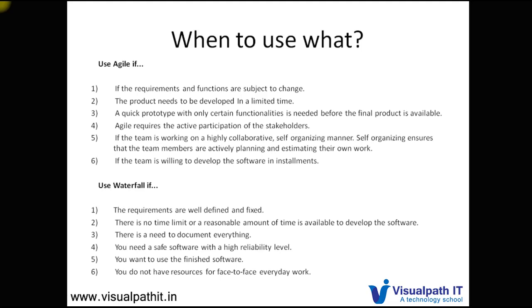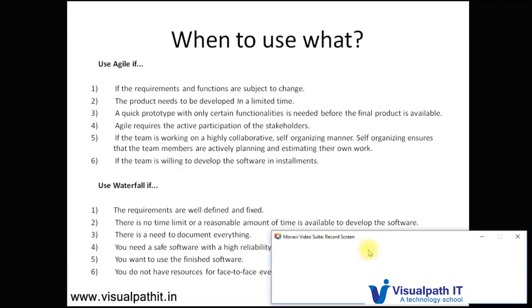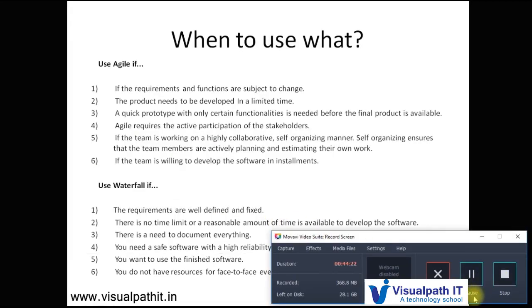If a product needs to be developed in a very limited time and a quick prototype with some functionalities is needed before a final product, and if stakeholders are good for active participation, and the team is working in a highly collaborative, self-organized manner, then we can go with agile. If a team is willing to develop the software in installments and the stakeholder is ready for that, then we can go for agile.